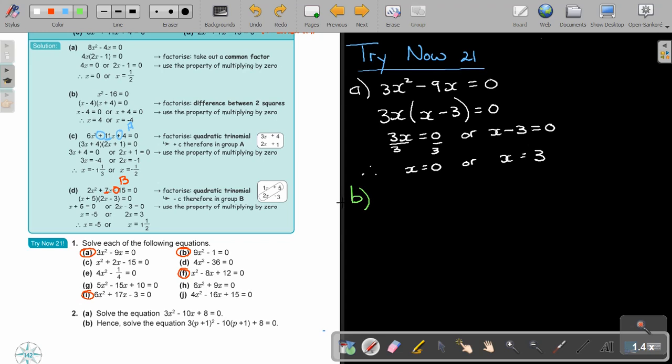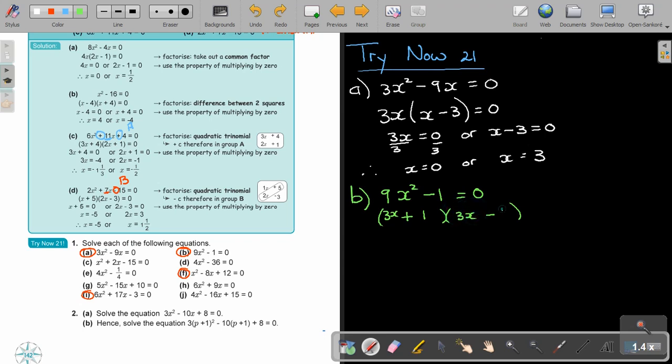Okay, if we look at number B, this is difference between two squares. So I just make my two brackets. In one plus, in one minus, take the square root of 3x, take the square root of 1.